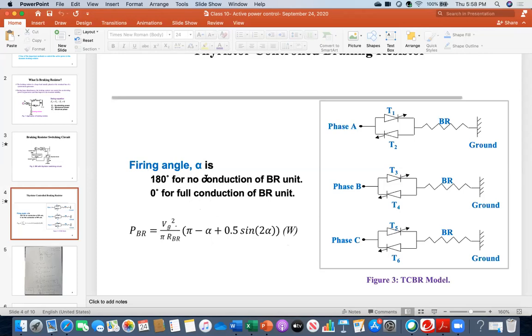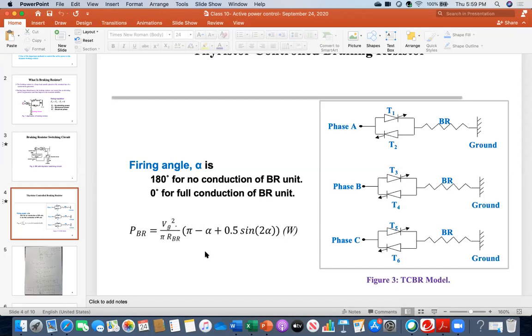And what is the constraint for the firing angle? A firing angle of 180 degree means no conduction. 0 degree means full conduction. So easily you can guess, when it is 180 degree, that is pi, so put pi here, and pi minus pi is 0. And then there is sine of twice alpha. If you put alpha 180 degree here, that is 360 degree, and sine 360 degree is 0.